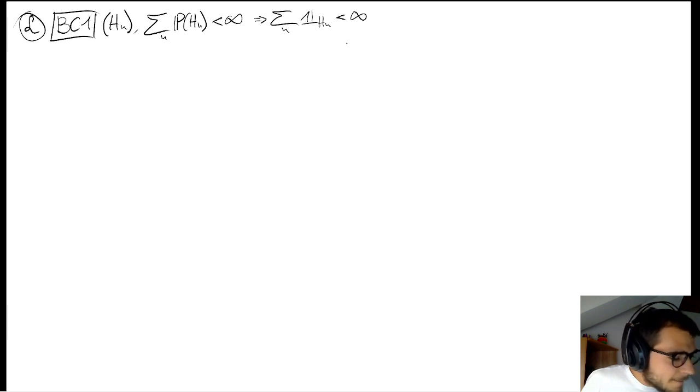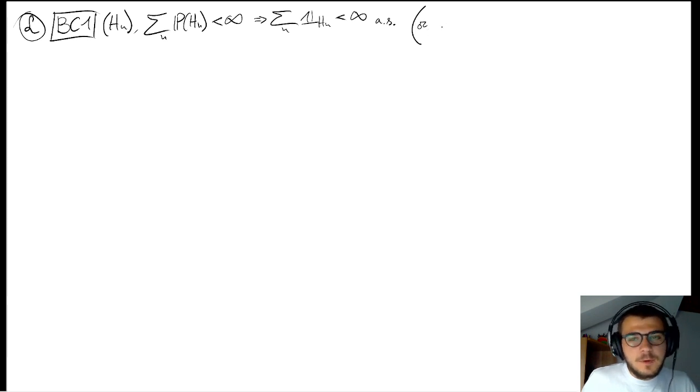Almost surely. And we can also write this in the following alternative ways. Probability of Hn infinitely often equal to 0.